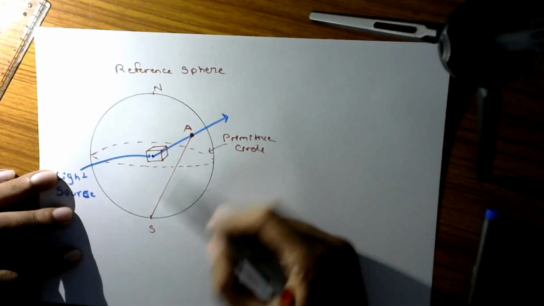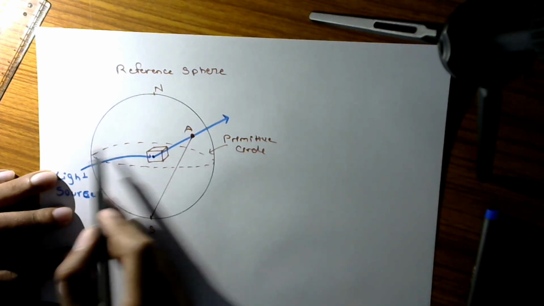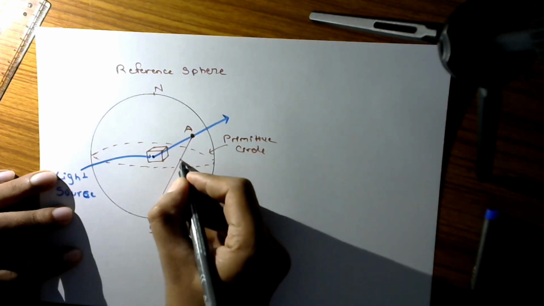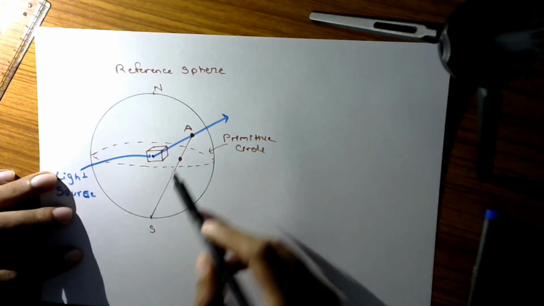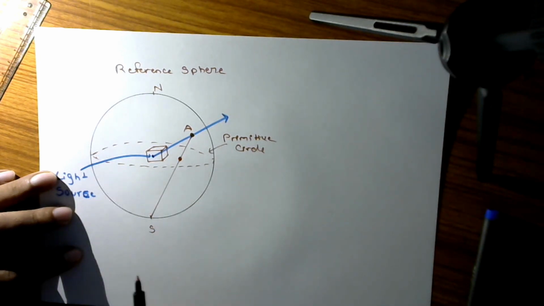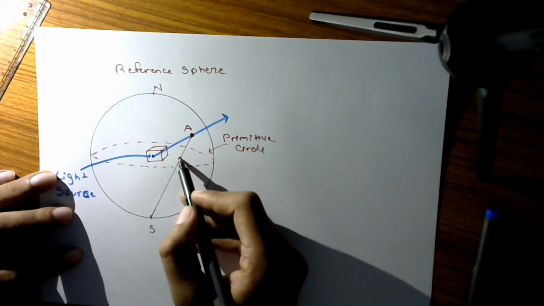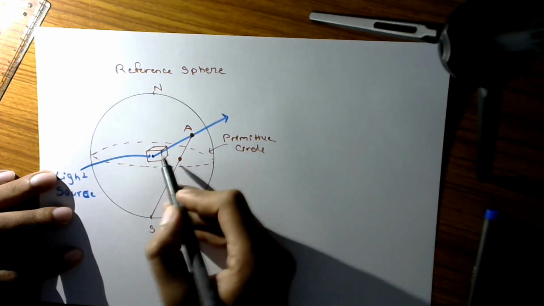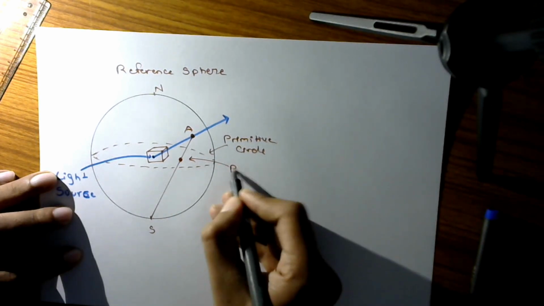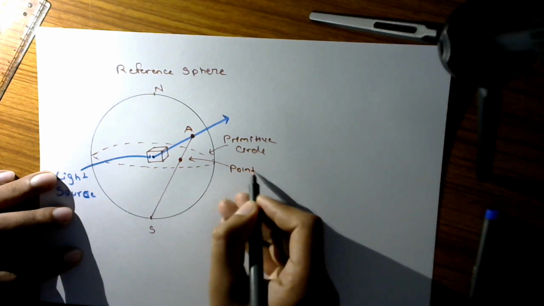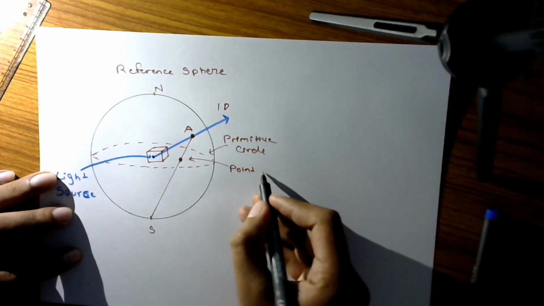Now, wherever this line which we have drawn intersects the primitive circle, that will be our projection. This line and the circle can intersect at only one point, and so this represents the projection of the direction. We have seen that the direction, a 1D object, has converted to zero dimension.